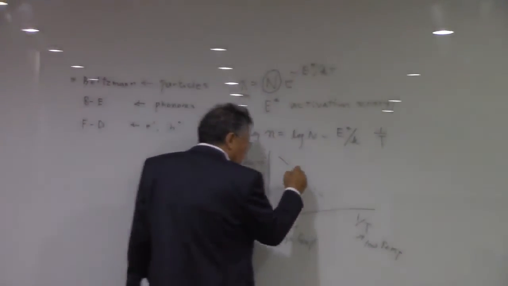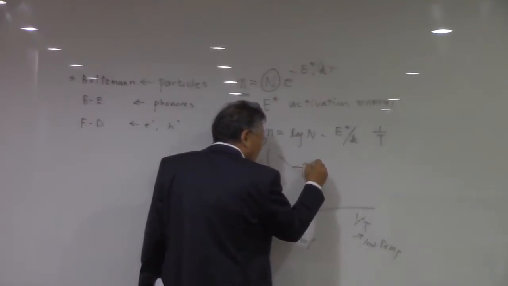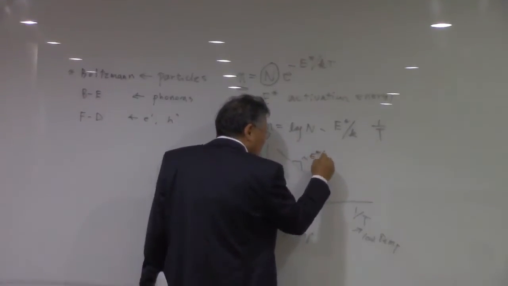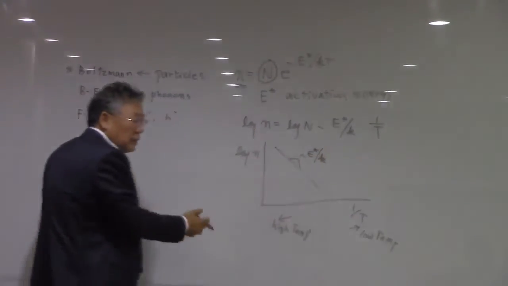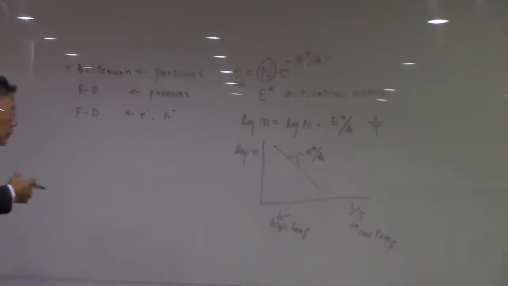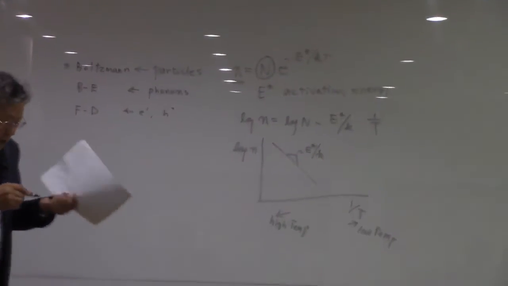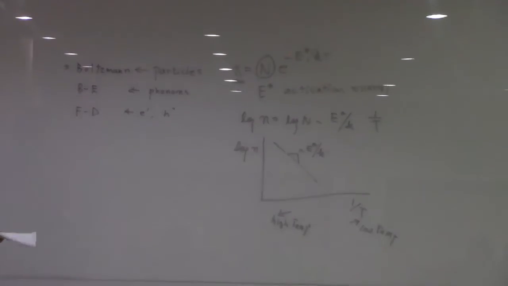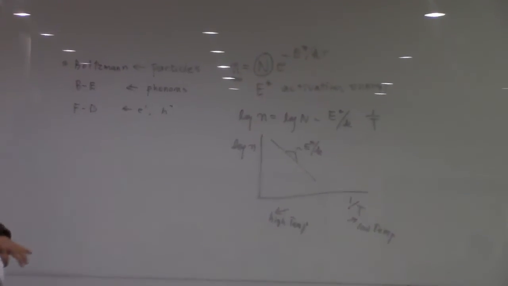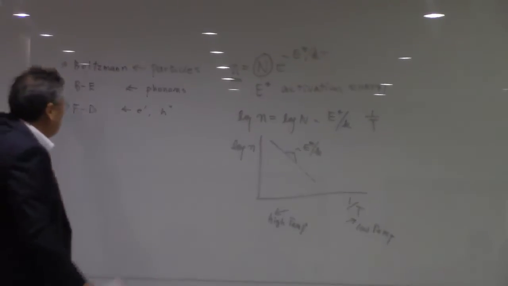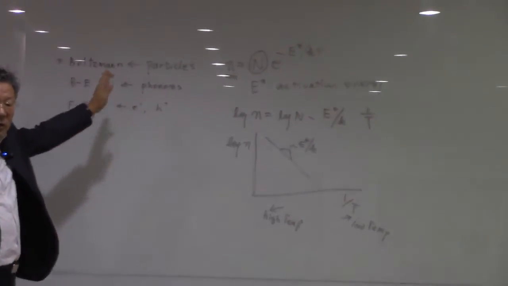Okay, and the straight line, the slope is related to the activation energy of this system, and if we come to understand the activation energy, then we probably can get a clue to the basic mechanism of that reaction. That's all this Boltzmann statistics is about.